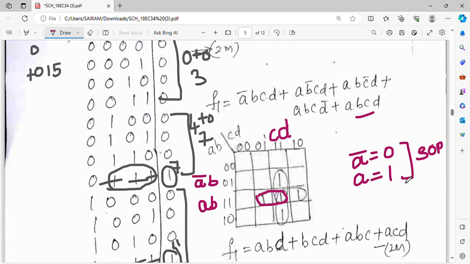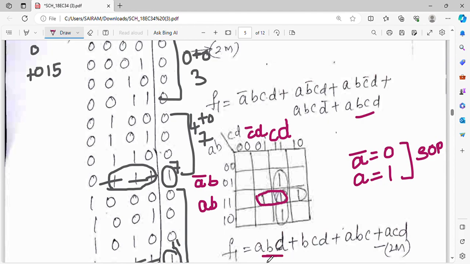So here you can see that in this group, this is AB in the column, and on the row here it is C bar D. You can have what is common here, ABD, right?